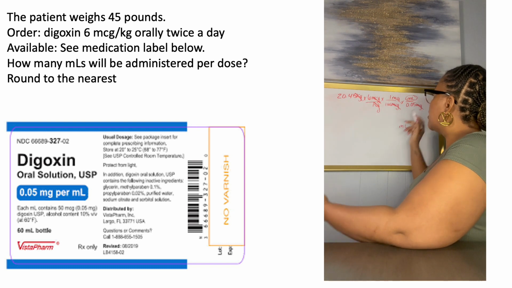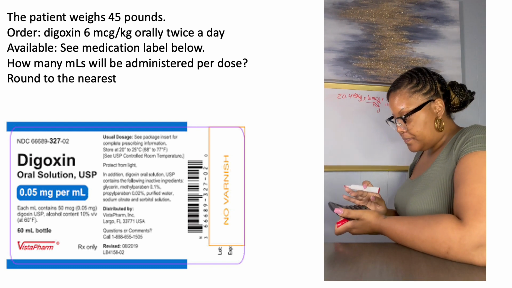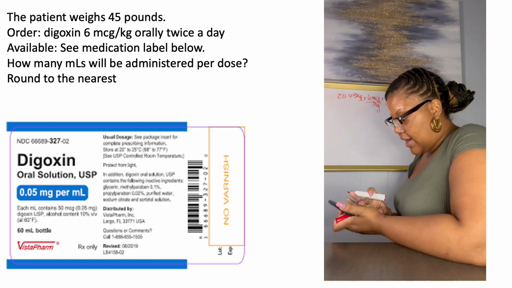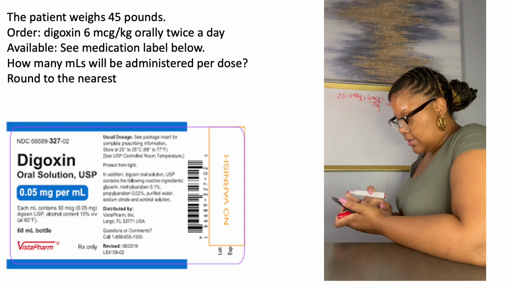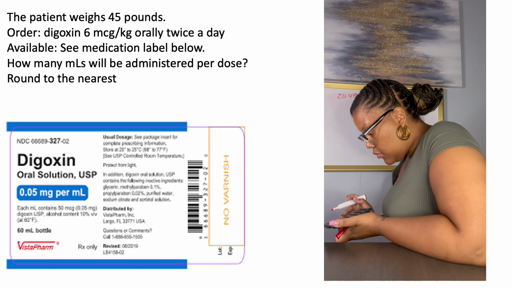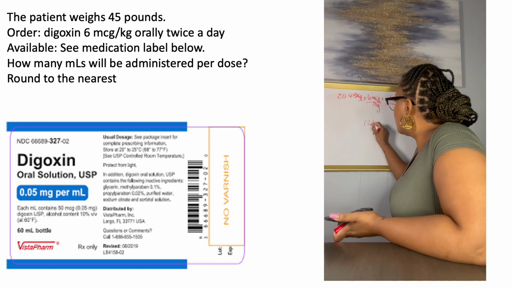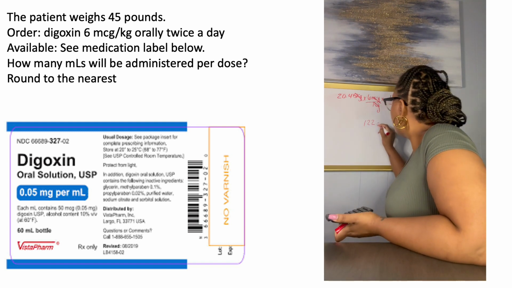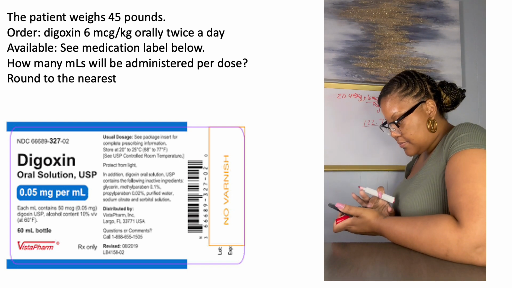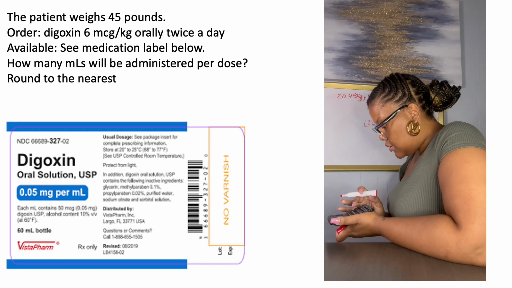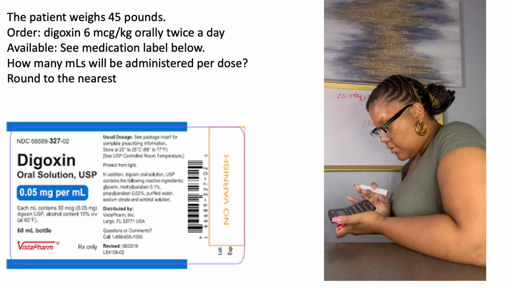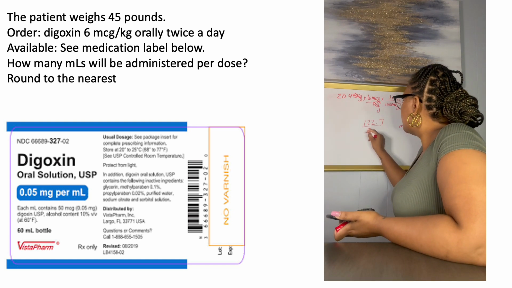So let's do all the work. Multiply straight across. 20.45 times 6, I got 122.7, and then you've got 1,000 times 0.05, and that is 50.